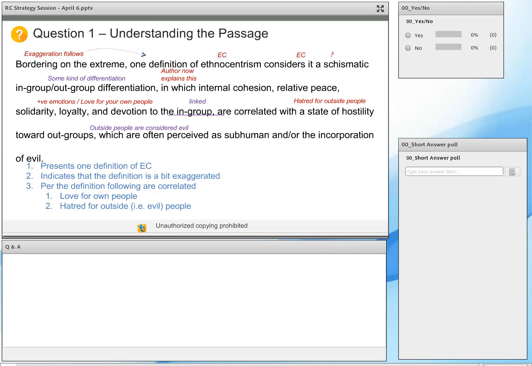How many of you summarized the passage in this way or had this level of clarity of the passage? Okay, so about 20% of the class had this, 25% of the class had this level of clarity. Not as detailed.